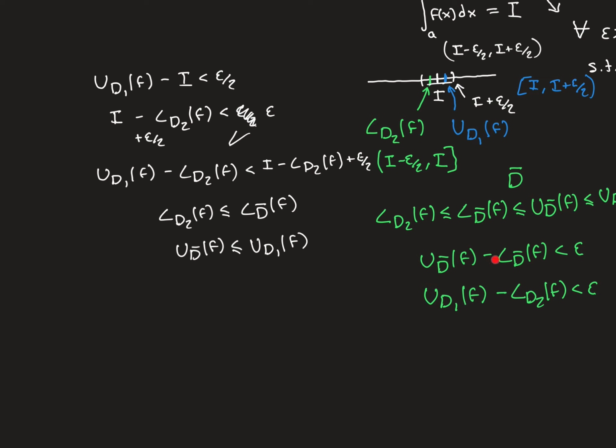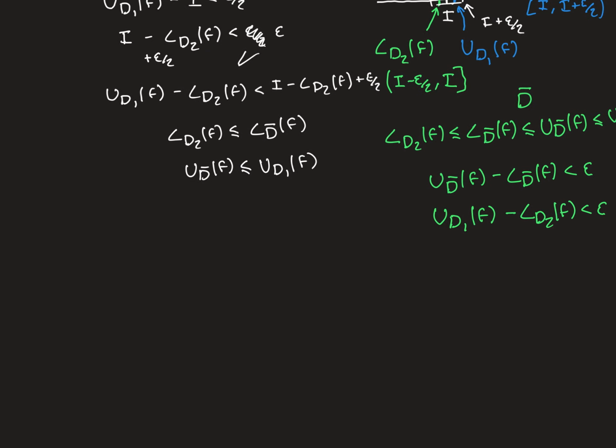We want a negative sign in front of the lower Riemann sum, so I'm going to multiply this inequality through by minus, which will cause me to have to reverse the order of the inequality. So we're going to get that minus the lower Riemann sum of d bar of f is now less than or equal to minus the lower Riemann sum over d2 of f. So that's by multiplying this through by minus 1. Oh, whoops, I've made a mistake. That should be a minus there.